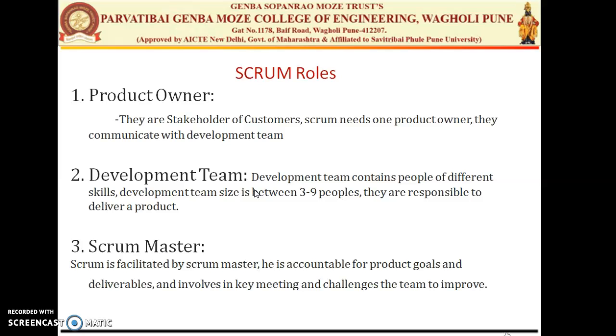He is generally involved in all the key meetings that are always held at the higher level, where various challenges, requirements, schedule, time, and budget are discussed. So he is the one person who will always enforce the Scrum process. So these are the three main roles under the Scrum process.